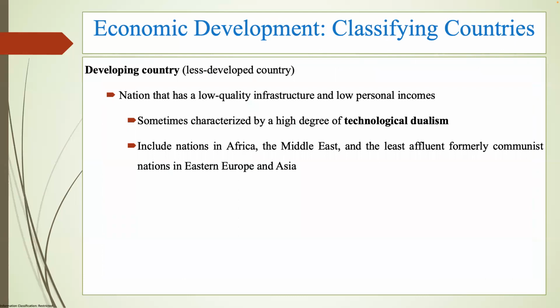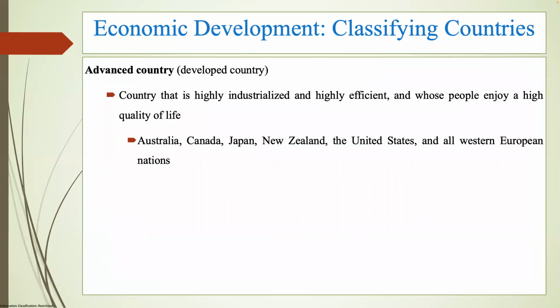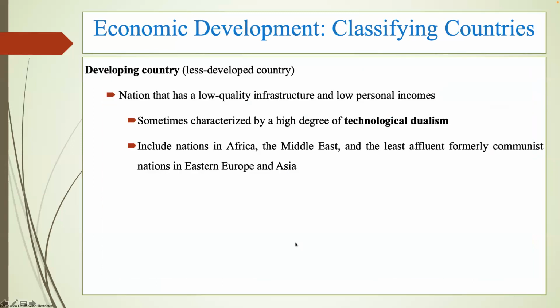Now, classifying the countries, first we talked about advanced countries, emerging markets. Now, the next is developing countries or less developed countries. So nations with low quality infrastructure and low personal income are developing countries, and they are also called less developed countries.